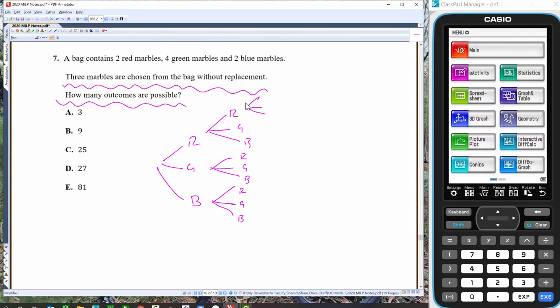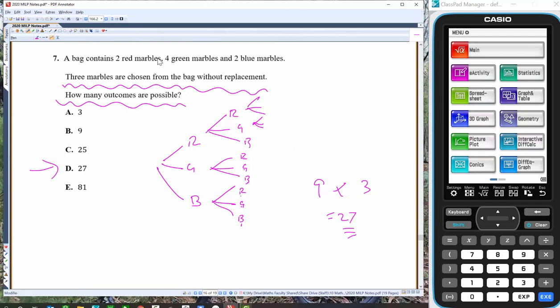And then the same thing there. So we're going to get red, green, blue, red, green, blue. So it looks like we've got 1, 2, 3, 4, 5, 6, 7, 8, 9. 9 lots of 3 possible outcomes, 27 outcomes. And there it is there.